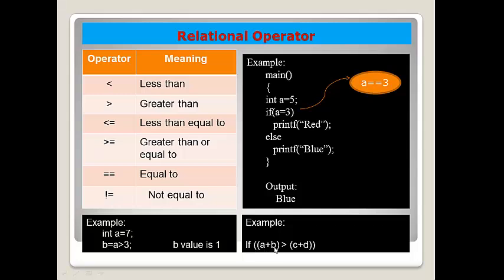First add a plus b, then add c plus d, and compare the two values. If the summation of a plus b is greater than the summation of c plus d, the condition is true. Suppose the a plus b summation value is less than the summation of c plus d, the condition is false.